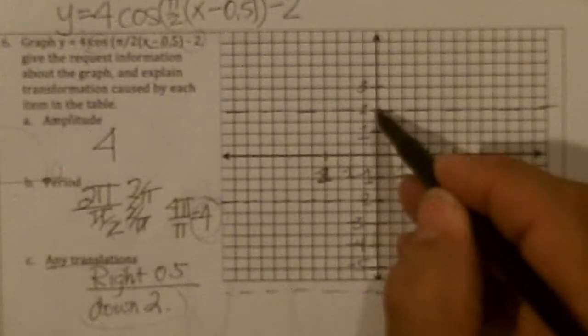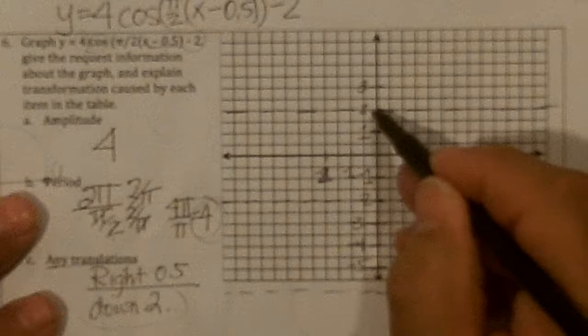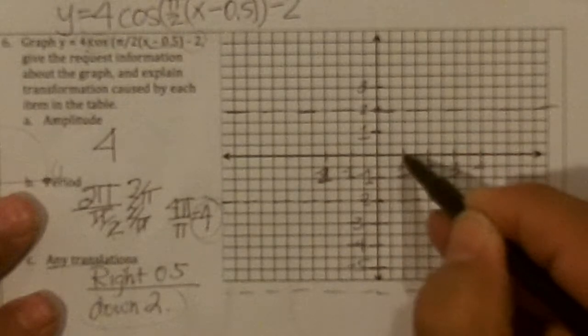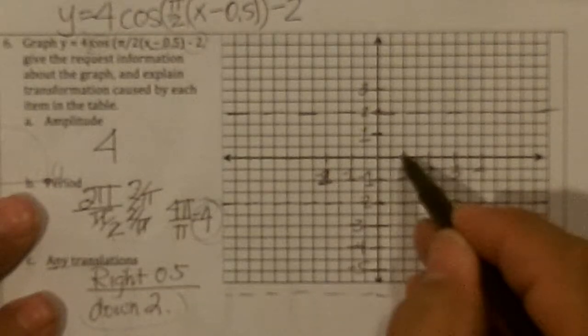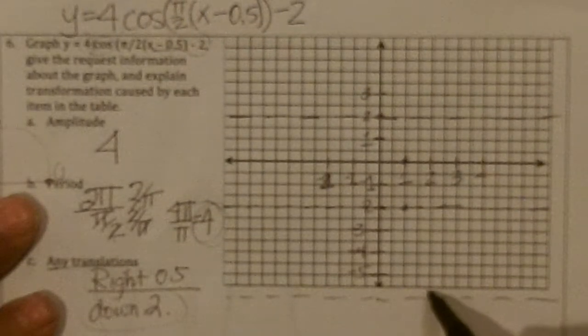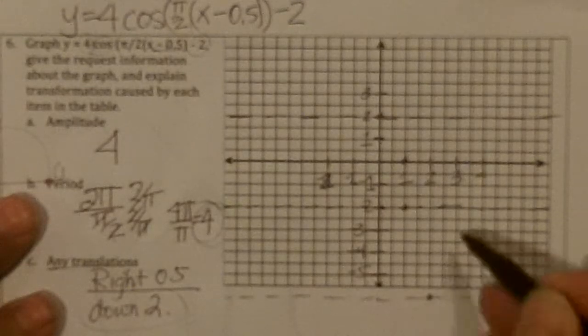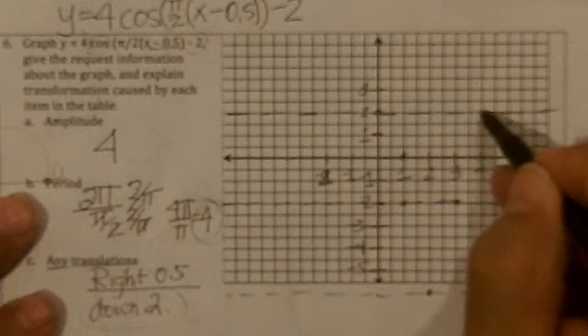So it's at 1 at the beginning, at the top. Now our amplitude's 4, so it's at the top. And then at 1, it's at 0, down on the center line. Then clear down at the bottom at the next one, then back on the center line at the next quarter, and back at the top at 4.